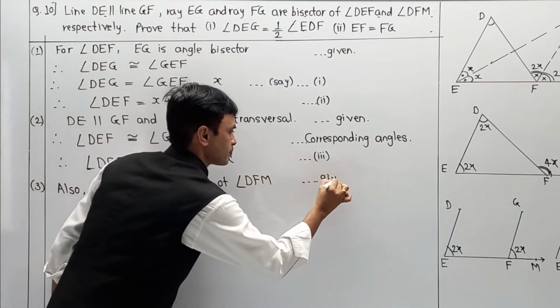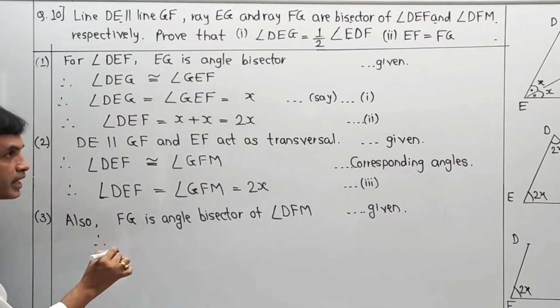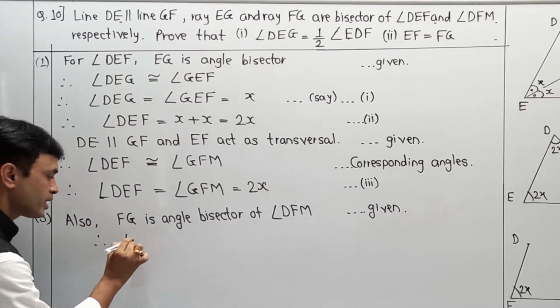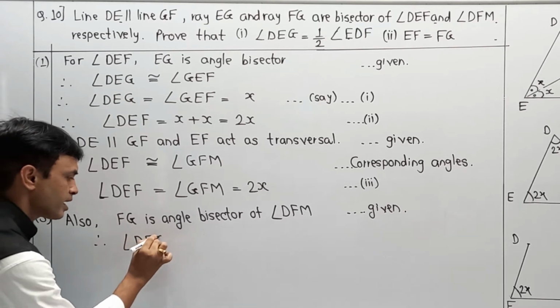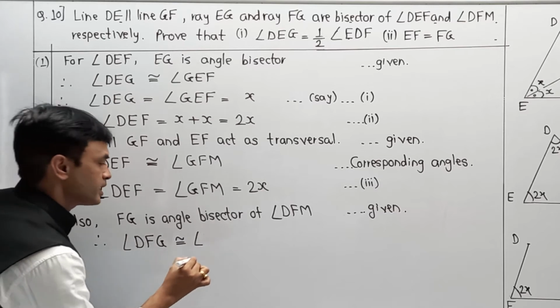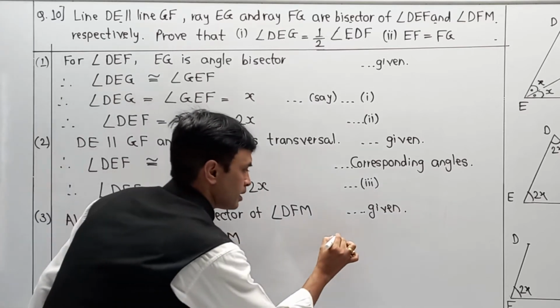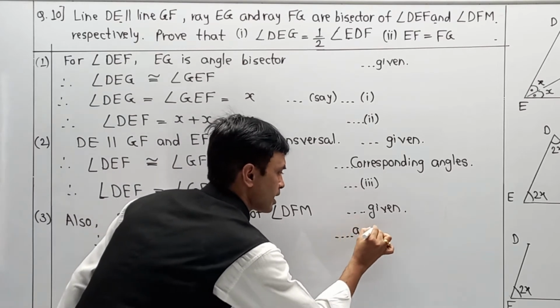Reason: given. Therefore angle DFG is congruent to angle GFM. Reason: angle bisector.